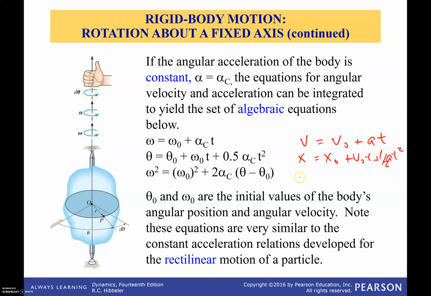And finally, v squared equals v0 squared plus 2 a delta x. These are the equivalent equations in rectilinear motion, and these are the equations we are going to use when we have constant angular acceleration, and many problems will have that feature.